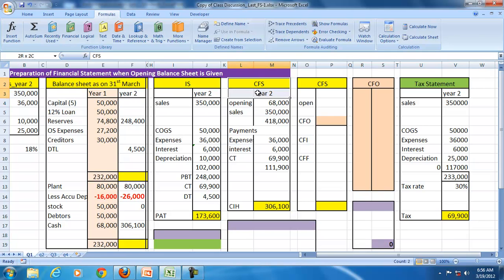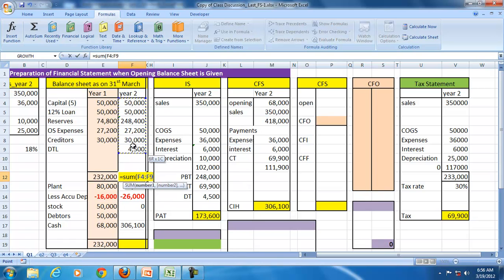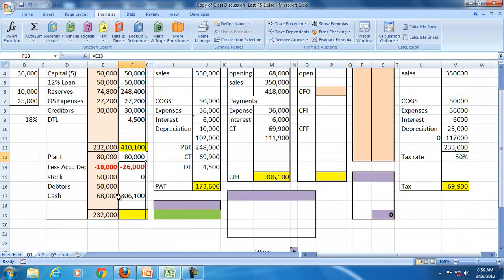So the cash flow statement and the income statement are done. No change in the capital, no change in the loan, no change in the outstanding expenses, no change in the creditor. So the sum of all the sources is 410.